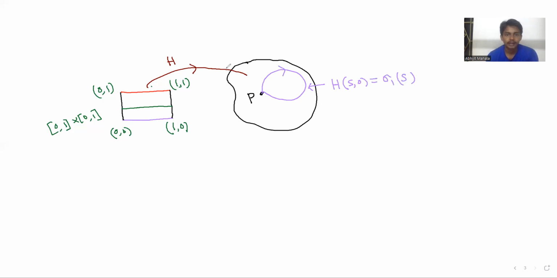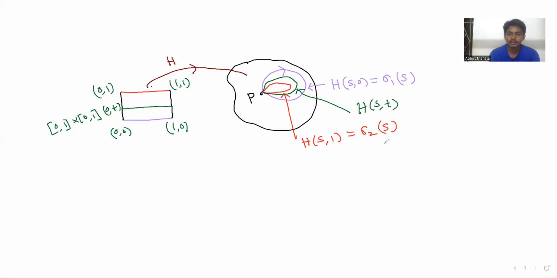And the red color is basically the sigma 2 loop, which is H(s, 1), so this is sigma 2(s). In between, we get something here, say at time t. So this is 0 comma t, and this is nothing but H(s, t).